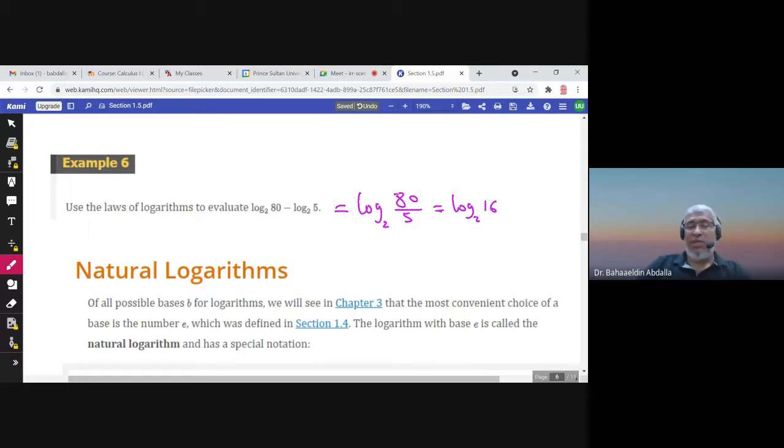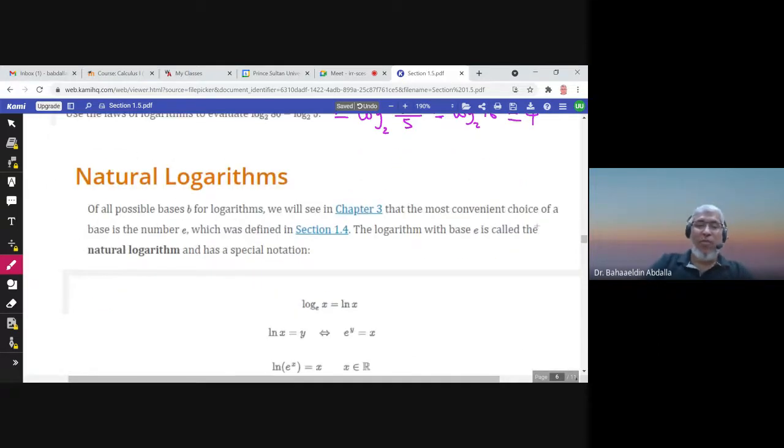So that's the answer. If I ask you what this is, you think of 2 to which power equals 16? Well, 2 to the power 4 is 16, so this would be 4. If you use your calculator, you will find that this log is 4.